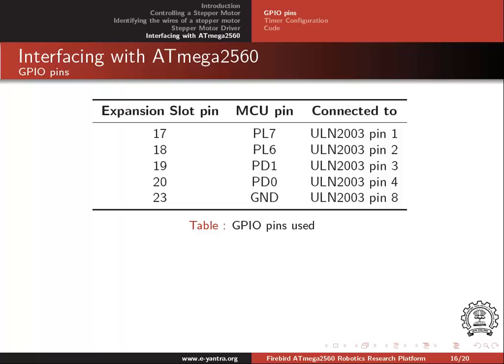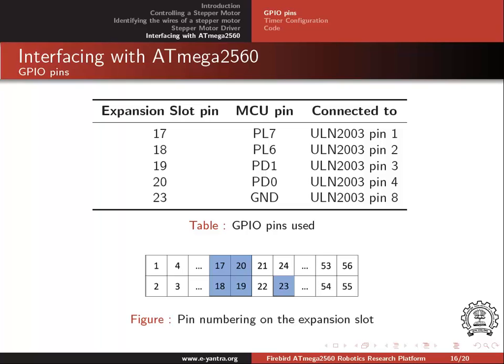The expansion slot pin number 18, that is PL6, is connected to the driver IC's pin number 2. The expansion slot pin number 19, that is PD1, is connected to the driver IC's pin number 3. The expansion slot pin number 20, that is PD0, is connected to the driver IC's pin number 4. Expansion slot pin number 23, that is ground, is connected to the driver IC's ground on pin number 8.